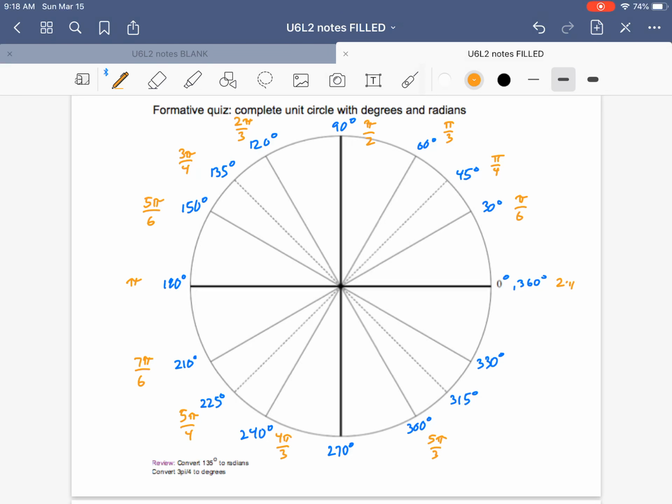This is 2 pi. This is 11 pi over 6. This is 45, so that's 7 pi over 4. And this guy is 3 pi over 2. All right, did I miss anything? Should be good. If not, I know you guys will let me know.